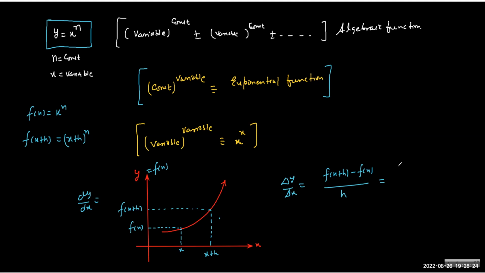So what should I write here? x plus h power n minus x power n, correct? So far, so good. If you're here with me, then probably we are on the right track. Are you all with me till here? Yes, sir. Divide by h.